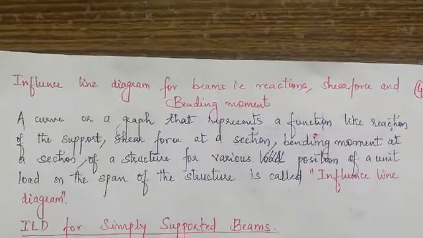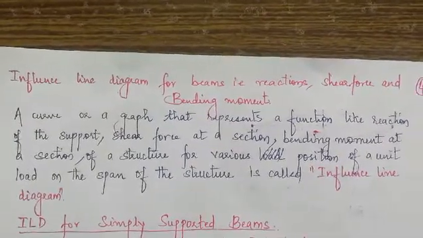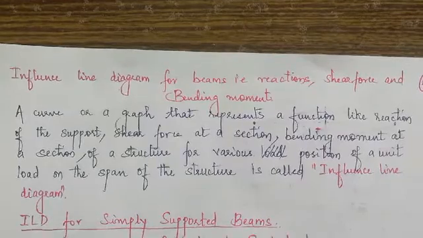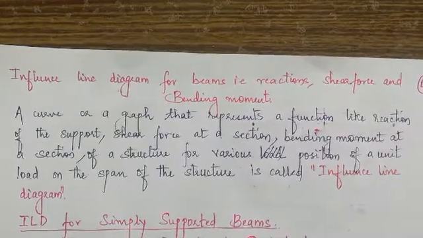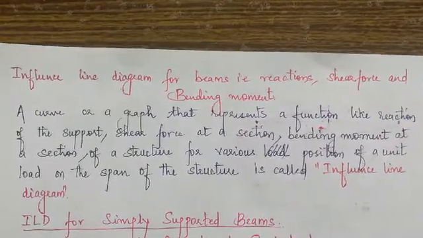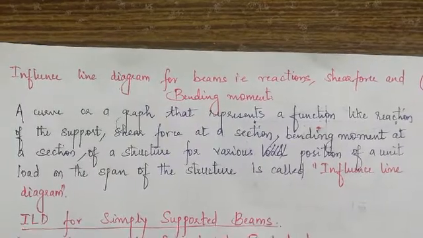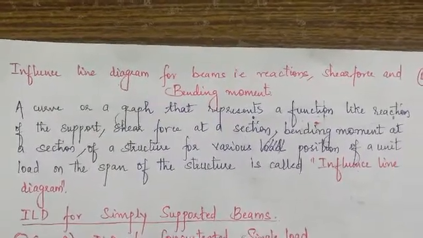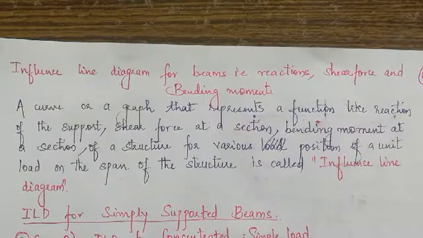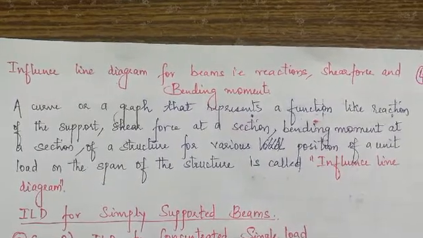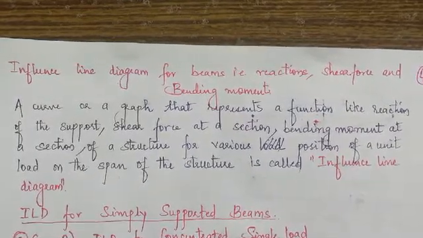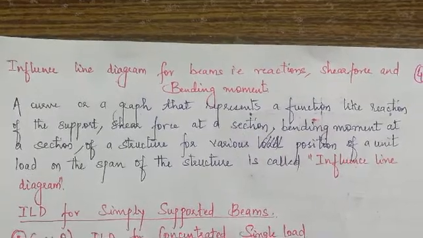Now in general, how do we explain influence line diagram? Normally this type of influence line diagrams are drawn for moving loads. Static loads we have already seen how to draw the shear forces and bending moments in your SOM classes, that is strength of material classes.